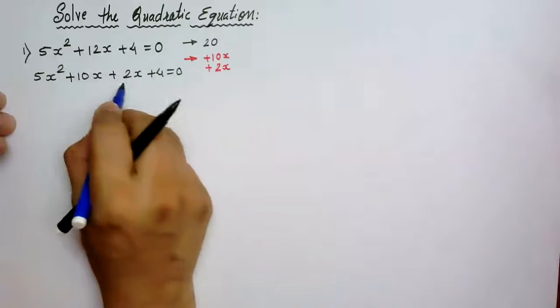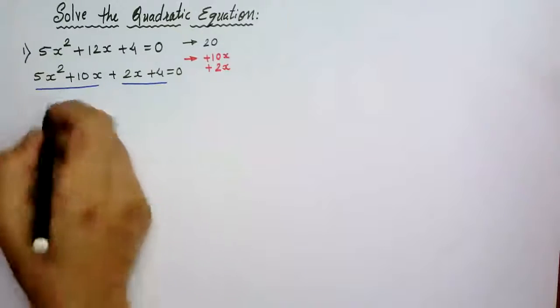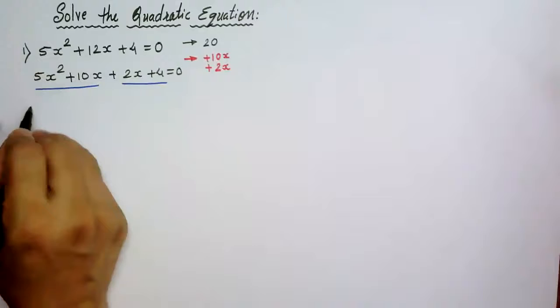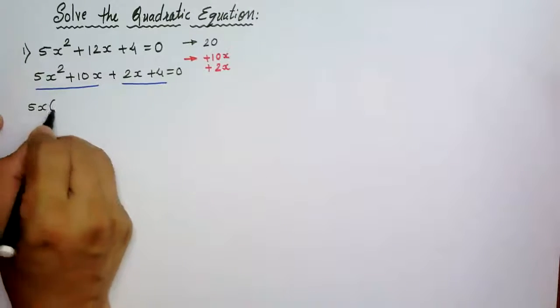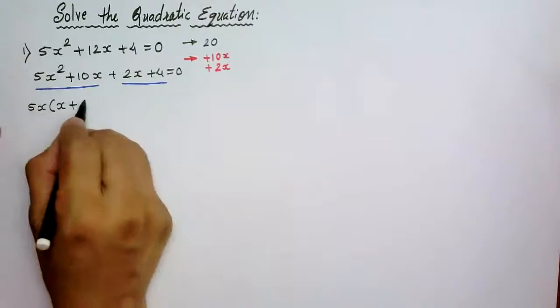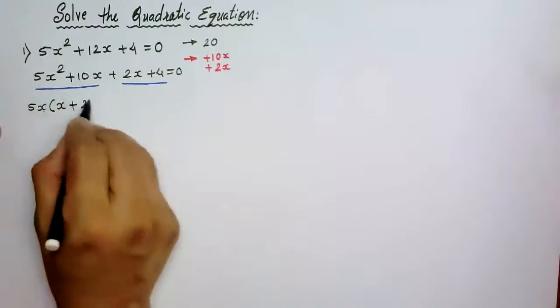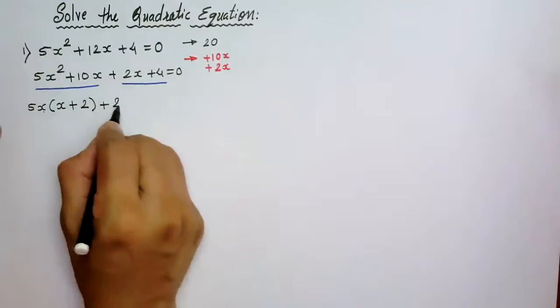Form the pairs and try to take something common. 5 times 2 is 10. So over here, 5x is common. There will remain x in the bracket, plus 5 2s are 10. x has come out, plus 2 2s are 4. So 2 is common.